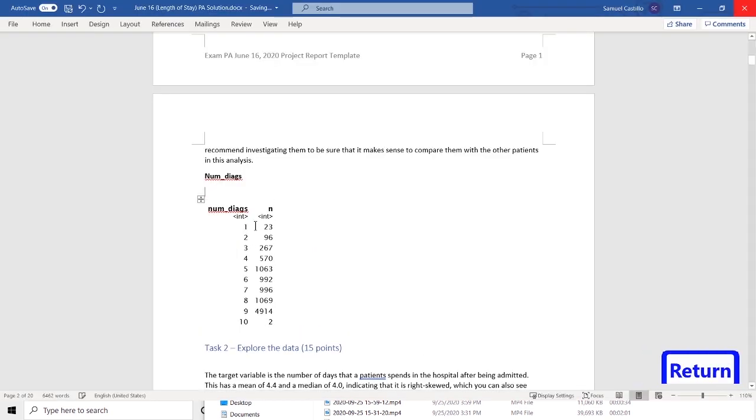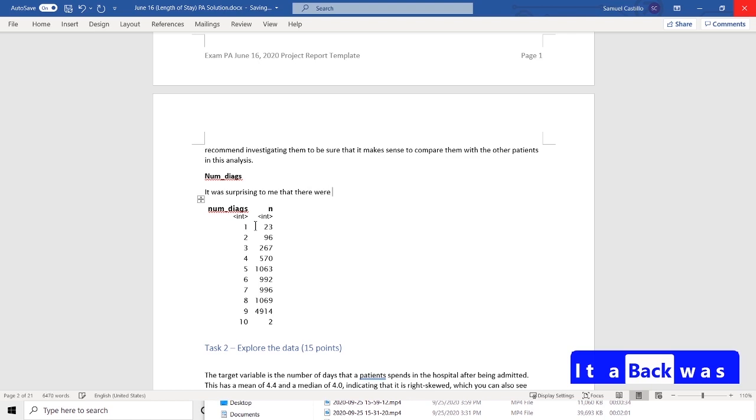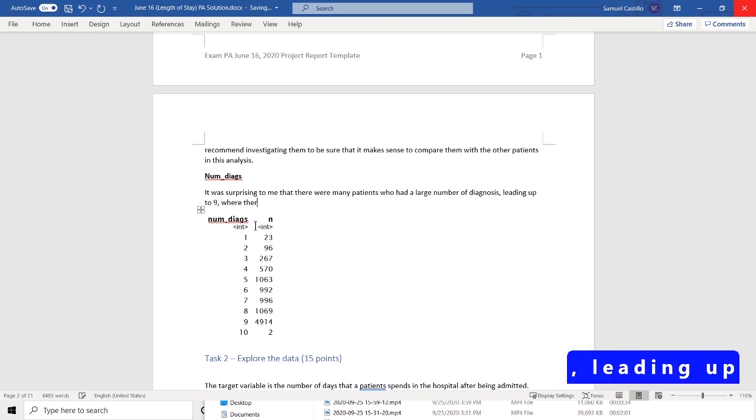So it was surprising to me that there were many patients who had a large number of diagnoses leading up to 9, where there are 4,914, but then only 2 who had 10 diagnoses.